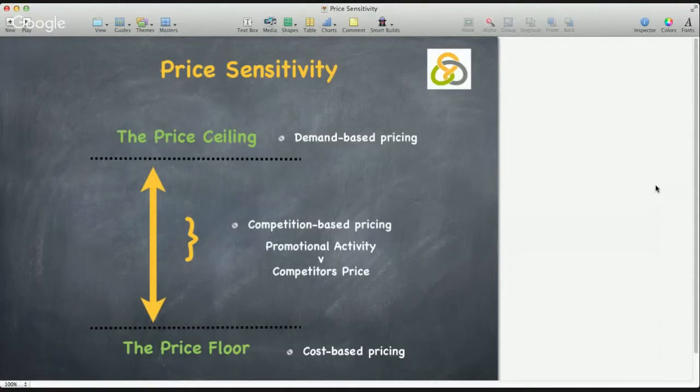The price ceiling, this is customer-based pricing, where the prices are determined by what a firm believes its customers will be prepared to pay. And then in between is the competitor-based pricing, where competitors' prices are the main influence on the price set against the promotional activity that you do to encourage people to buy your product.